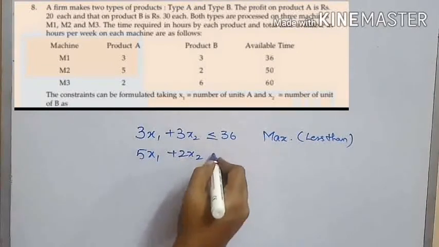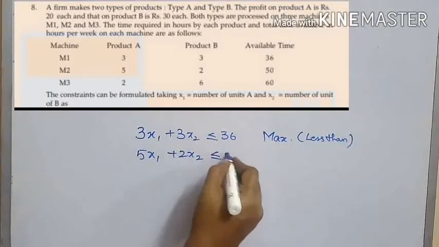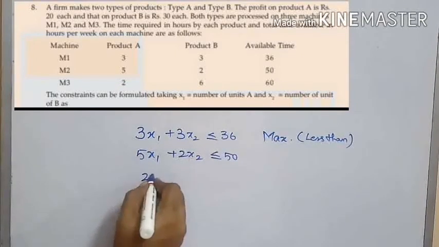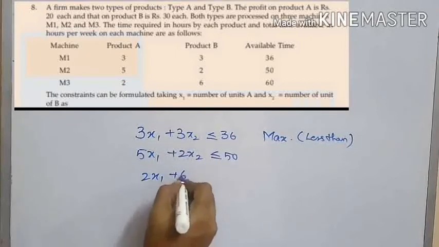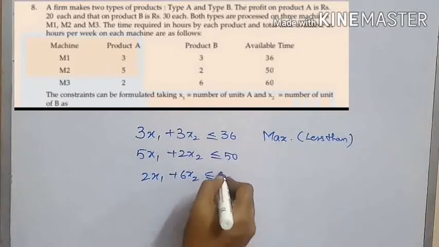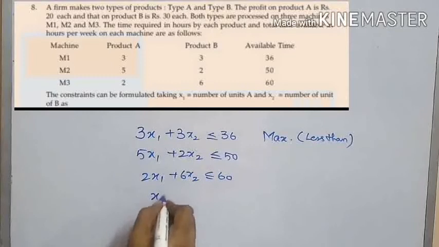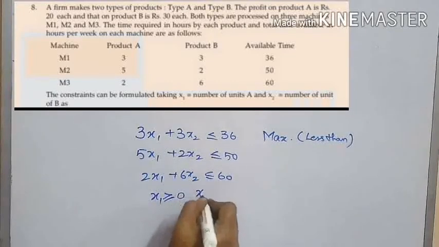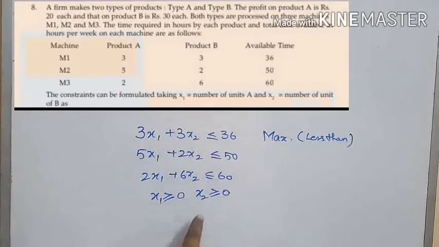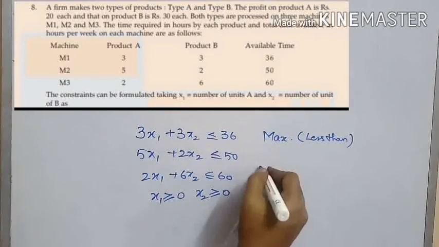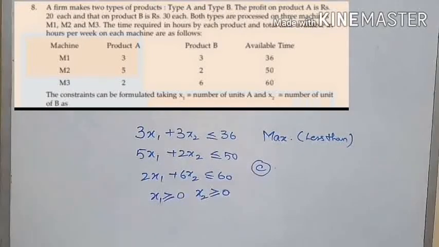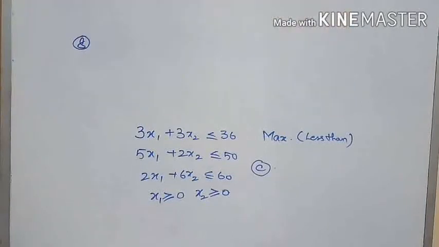So the profit should be maximum. So the inequalities in these equations should be less than or equal to. And the common condition should be x1 greater than or equal to 0 and x2 greater than or equal to 0. So option C is the answer.